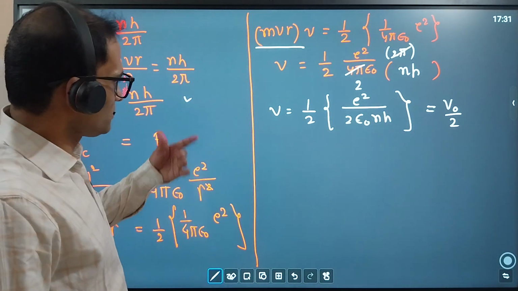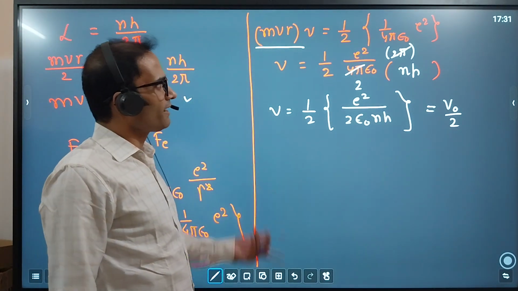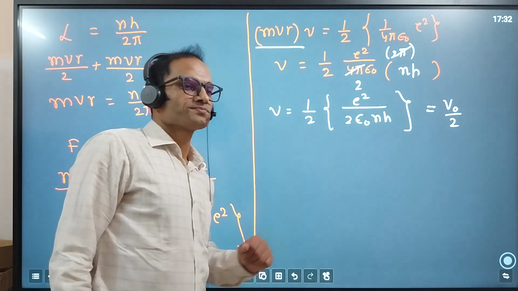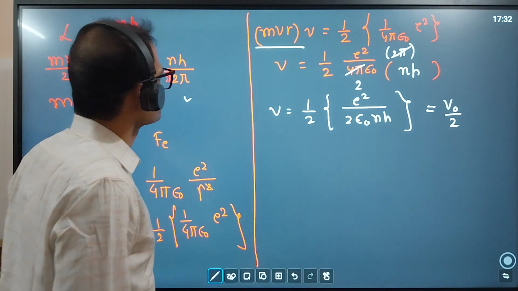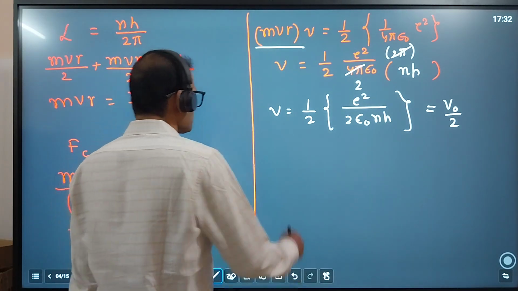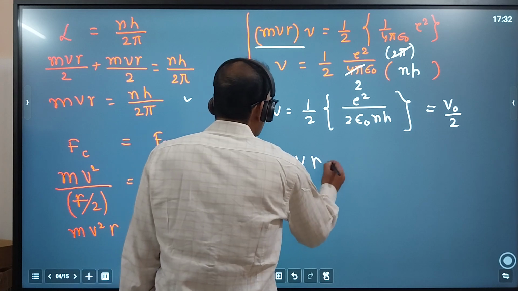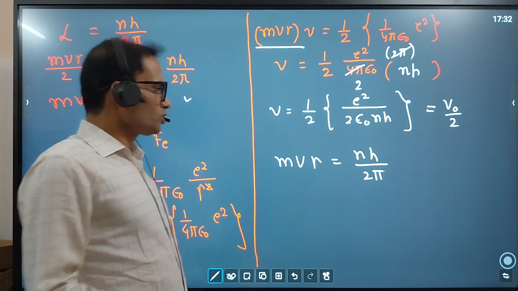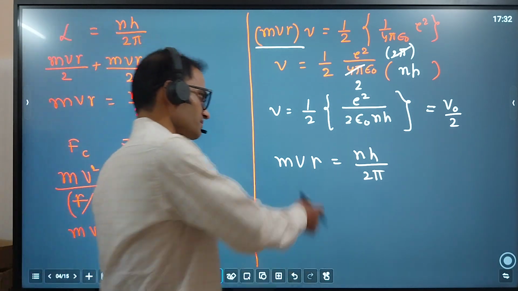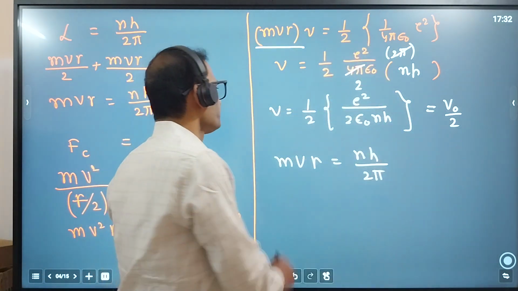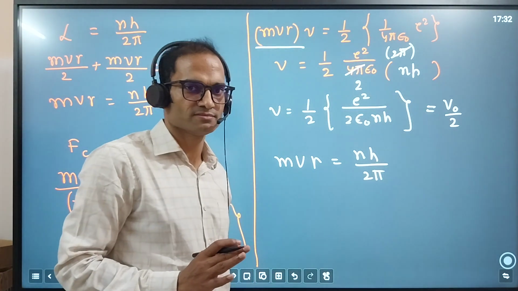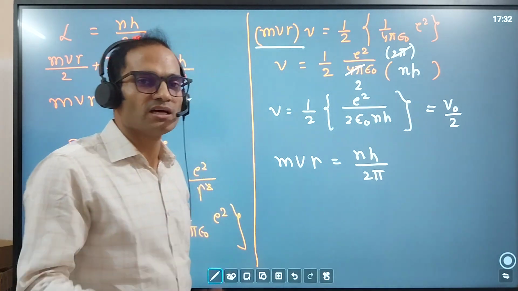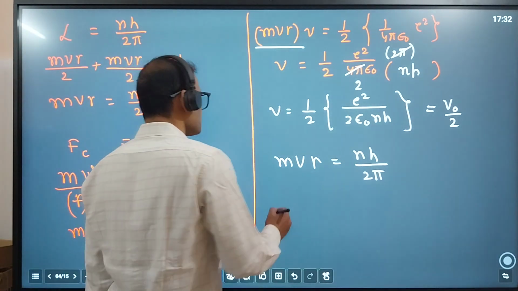So once we found v naught by 2, let us find r also. Sorry, we found v in terms of v naught. Let us find r also. So what will happen to r? mvr is equal to nh by 2 pi. Now see, in Bohr's model and in this model, equations are same, but this v is half. v is half of v naught, so r will be double of r naught.